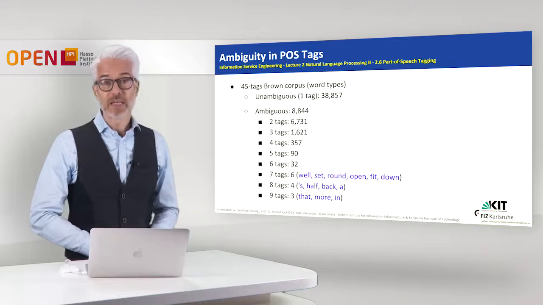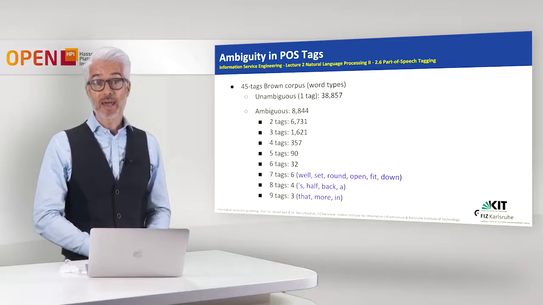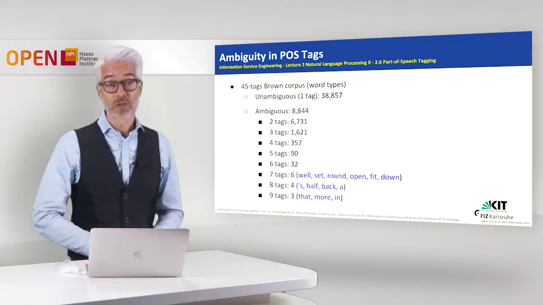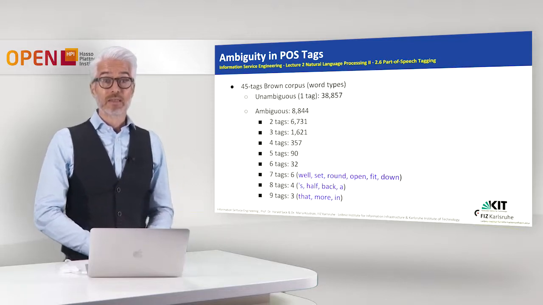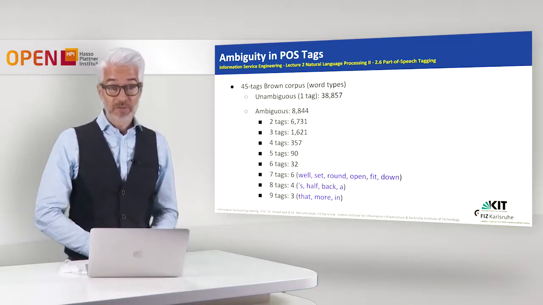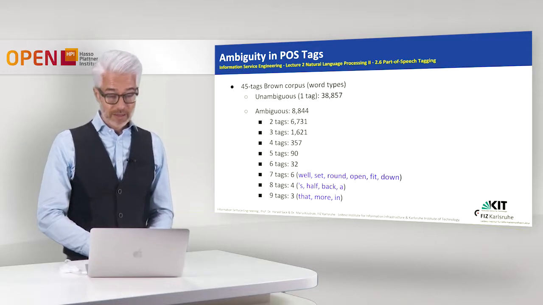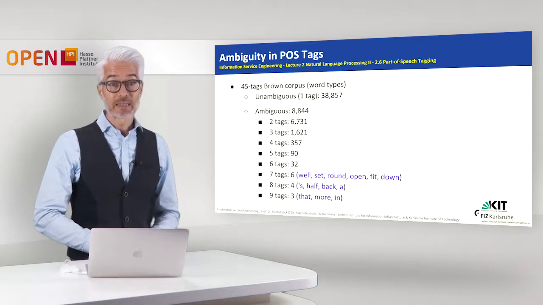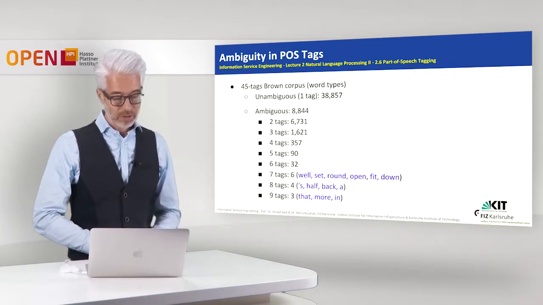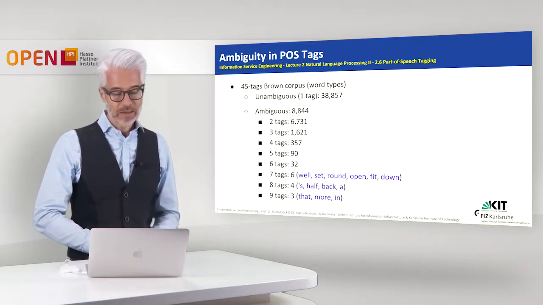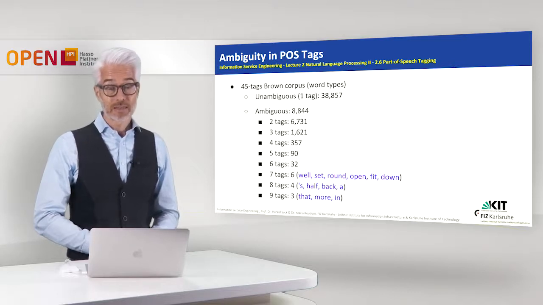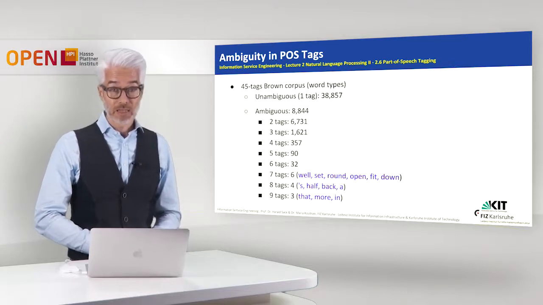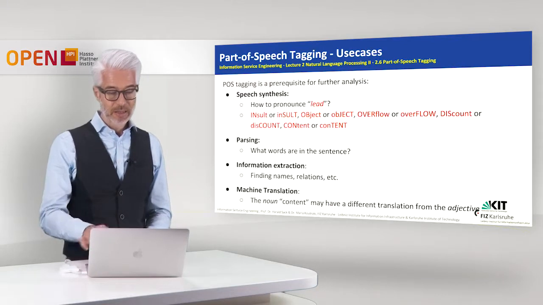There are only 38,000 words, but then there are 8,000 or more than 8,000 words which are really ambiguous. 6,700 of them have two tags. 1,600 of them 3 tags, 357 have 4 tags, and so on. And it even goes to words which have 8 or 9 tags. 9 tags, for example, here for the 3 words that, more, and in. So here it's really highly context dependent which kind of tag you will choose in the end.